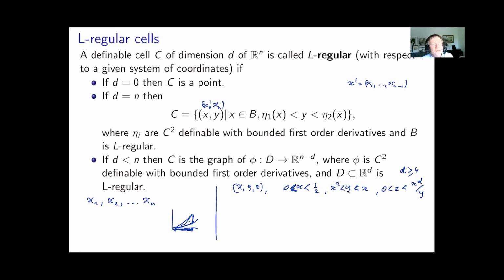can be decomposed as a union of such cells given by monomial inequalities, but with negative exponents.